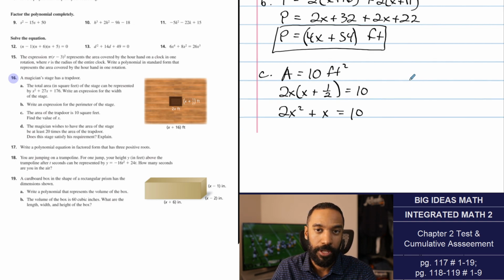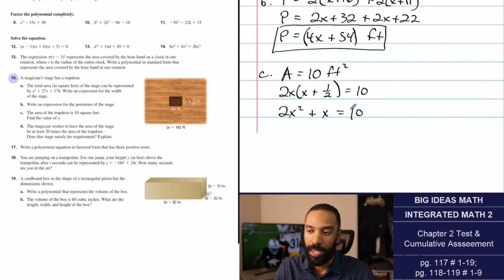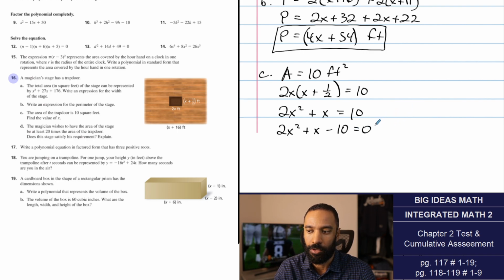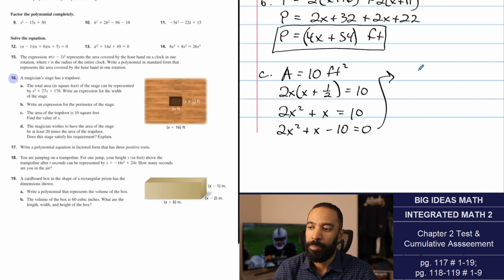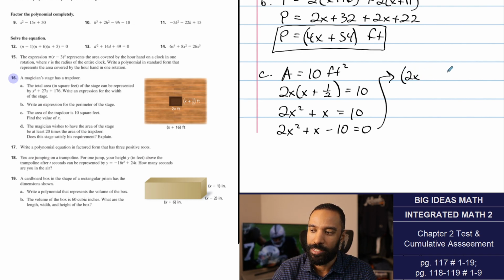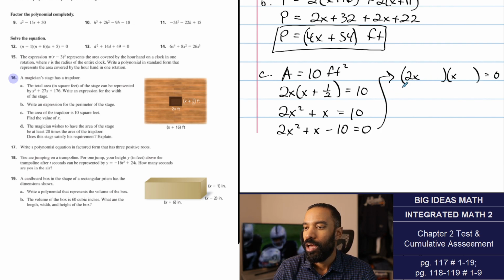Now I have a polynomial, a quadratic, that if I set equal to 0, I can solve by factoring, assuming it's factorable. And of course, I don't think they'd give us this problem if it wasn't. So getting that lined up, there's no GCF, but I know that if factorable, it's going to look like some version of this. Let's find factors of 10 that'll work out.